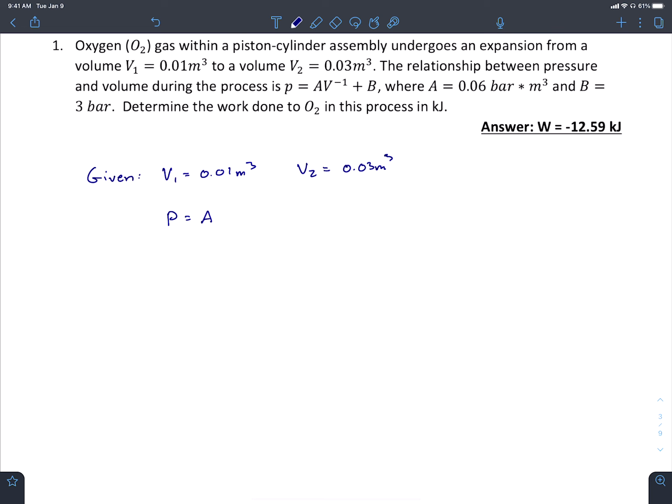P equals A V to the negative 1 plus B, and I can rewrite this as A over V plus B. That's just the law of exponents, I guess. Where A equals 0.06 bar meters cubed, B equals 3 bar.